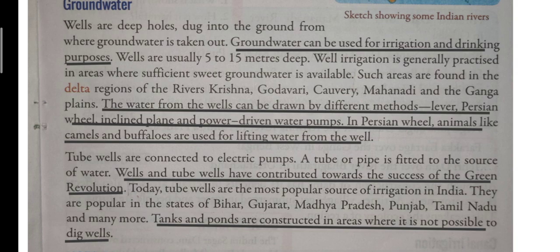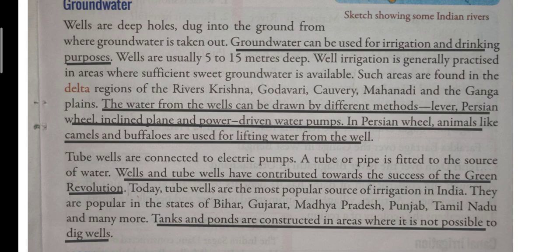So children, tube wells are just like pipes which are connected to the electric water pump to take out water from the wells. So both wells and tube wells have made the irrigation process very easy for the farmers.